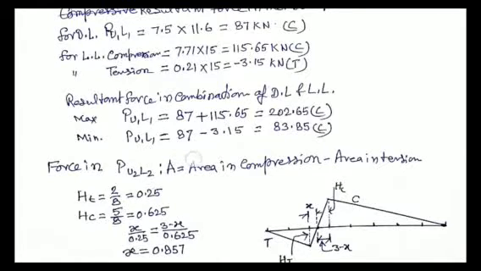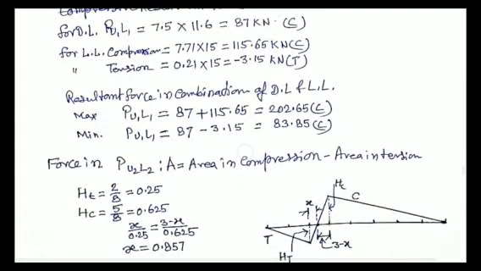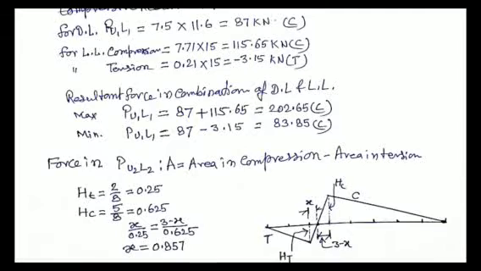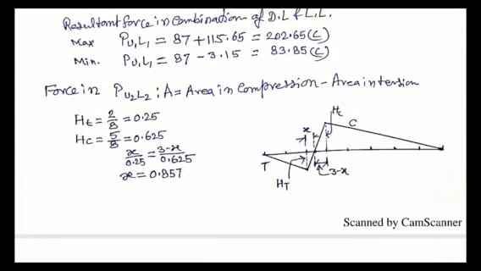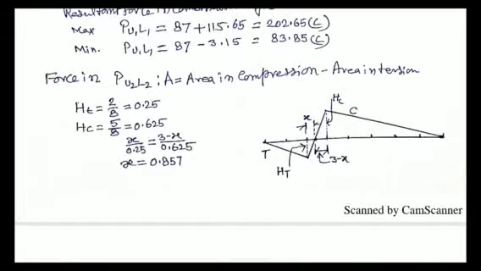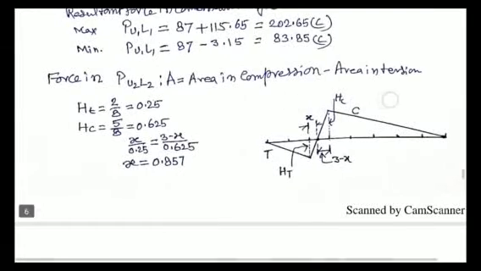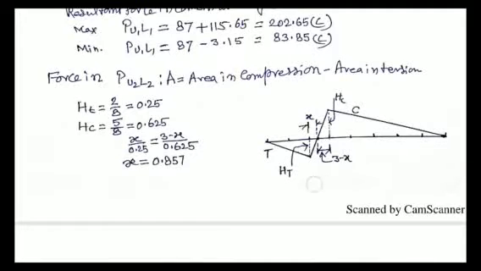So PU1L1 is equal to 87 minus 3.15, which comes out to be 83.85, which is also of compressive nature. Now, force in the second member U2L2. The area in compression and the area in the tension zone will be like this diagram.